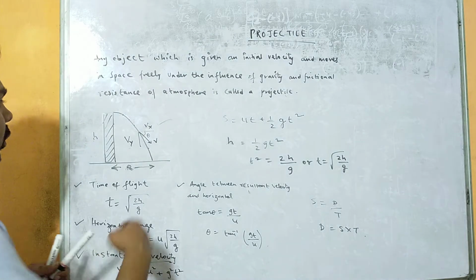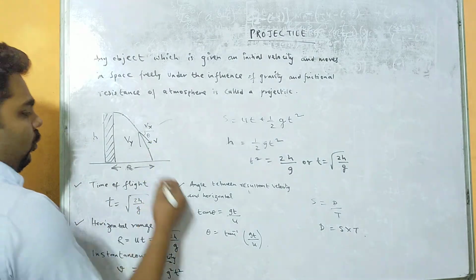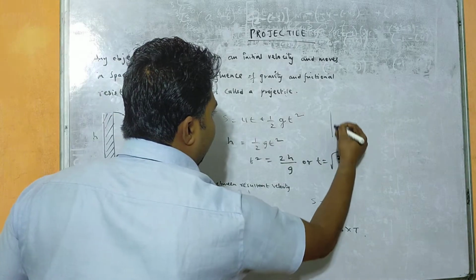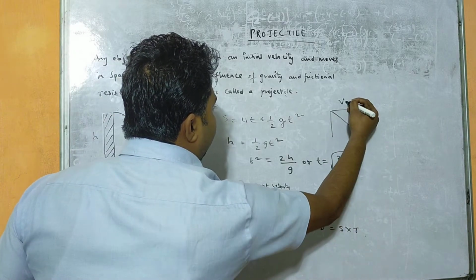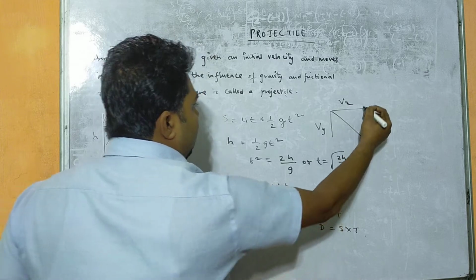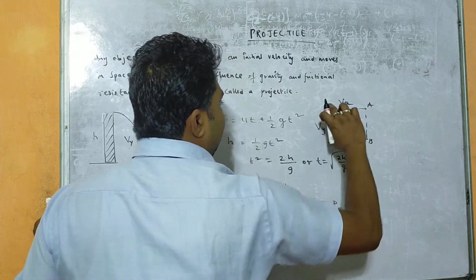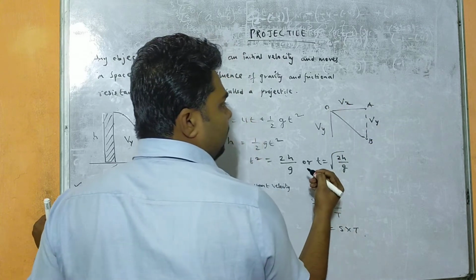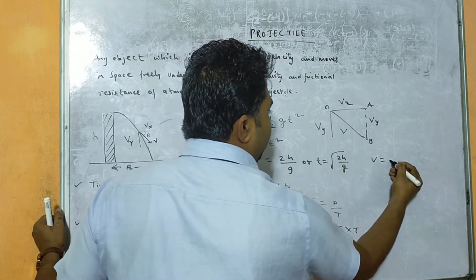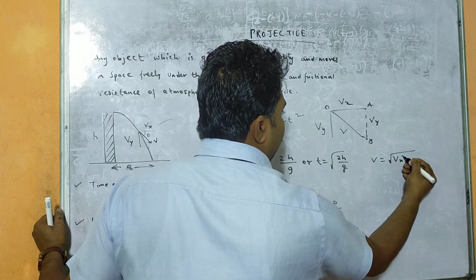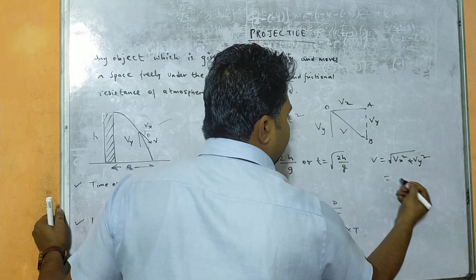You see how we got this one actually. So when we take this as a triangle, this is Vx and this is Vy. Now if I consider this triangle, this is O, this is A, this is V. If this is Vy, this is also Vy, right? And this is V. So V will be root under Vx square plus Vy square.